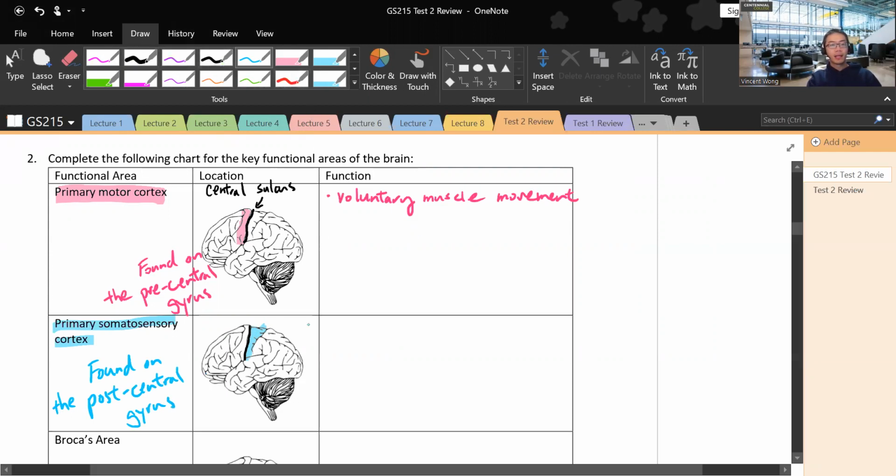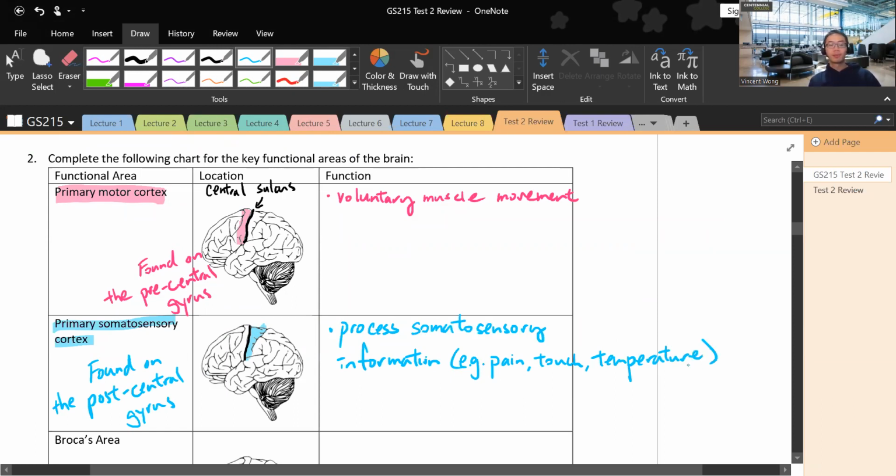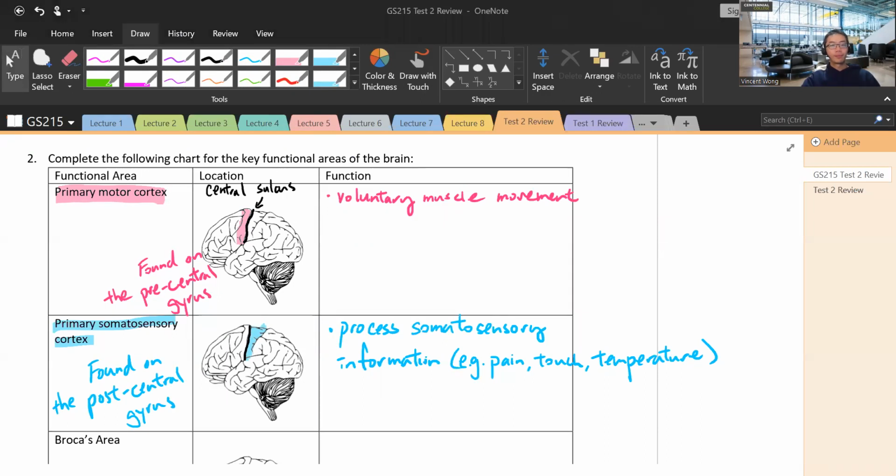And the function of this is to process somatosensory information. Somatosensory means bodily senses, right? I keep on telling you, it's things that you can feel with your skin, like pain, touch, temperature, texture, pressure.